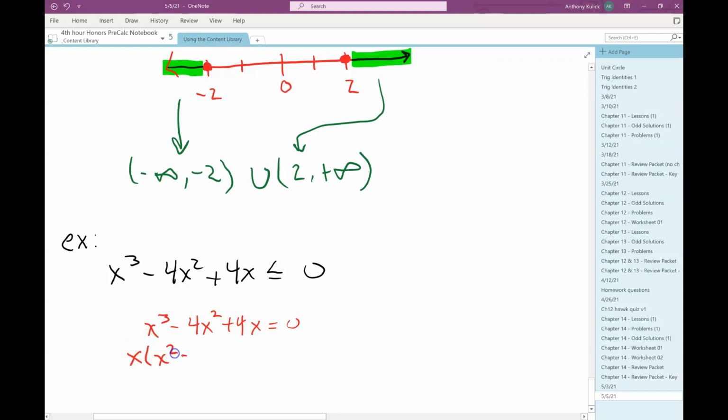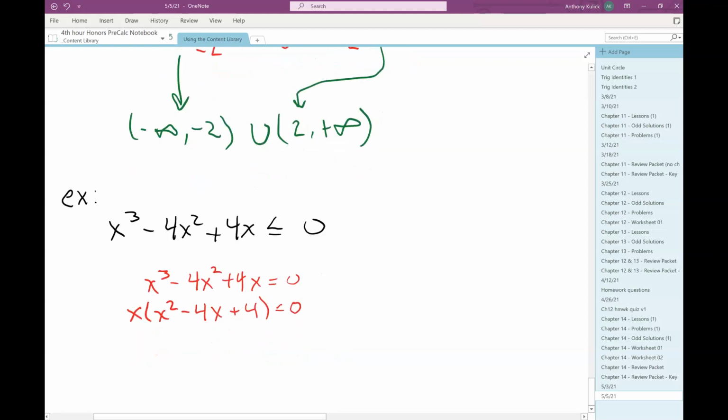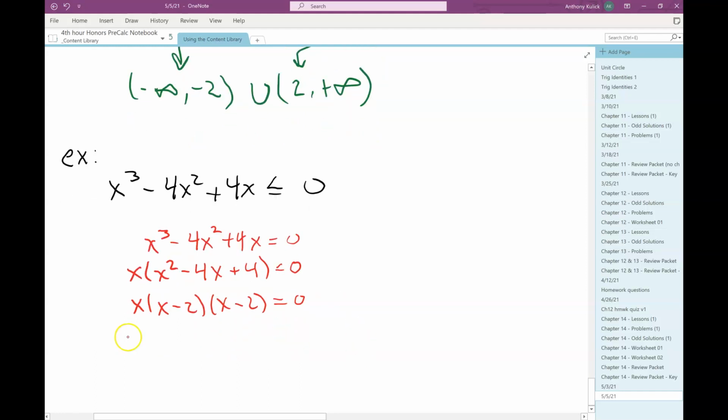So I would start just by taking out the greatest common factor of x. And then I'm left with a quadratic that I can factor easily. The two things that multiply to give me positive 4 and add to give me negative 4 is negative 2 and negative 2. So my x-intercepts are 0 and 2. Everybody cool there?